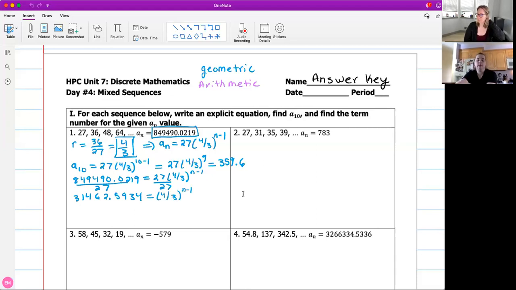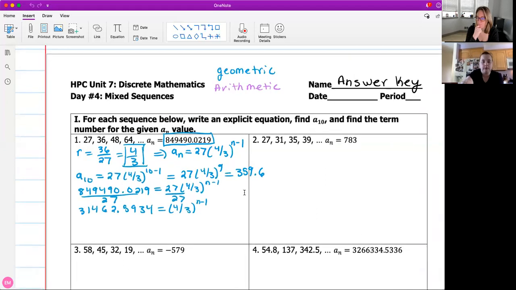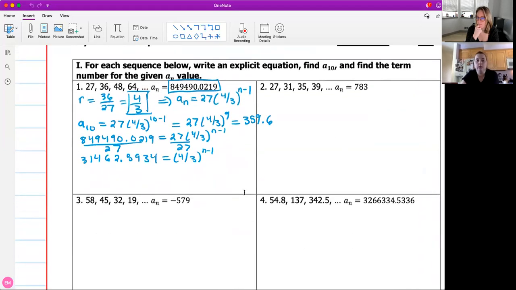Remember, when you're solving equations that have exponents in them, this becomes a log rule problem, because you have to switch it over to the log. So we're going to use our log rules and finish solving the equation. Then this becomes n minus 1 equals log base 4/3 of that number. On your calculator, if you have one of the newer ones, use Math, Alpha, Math to use your change of base formula.